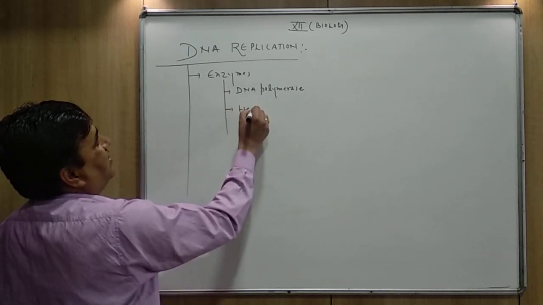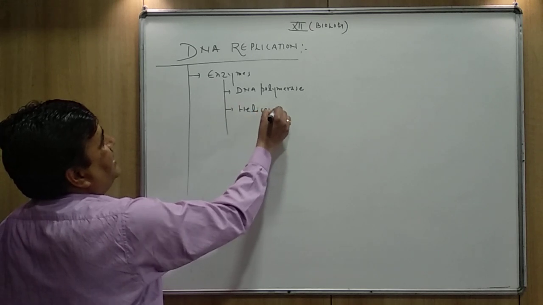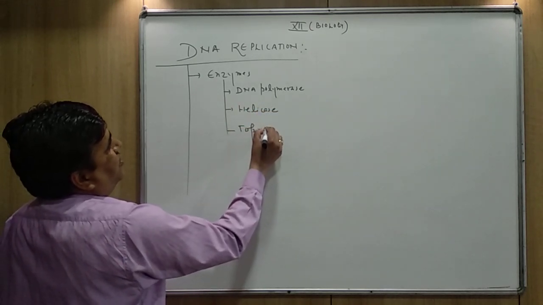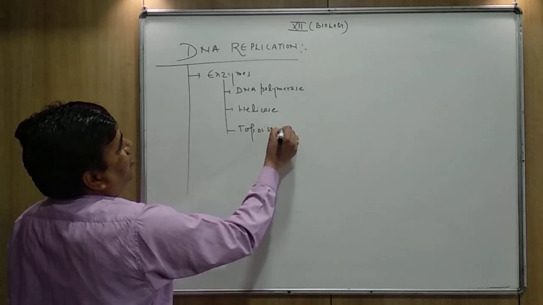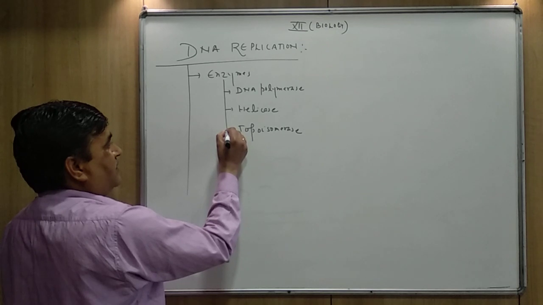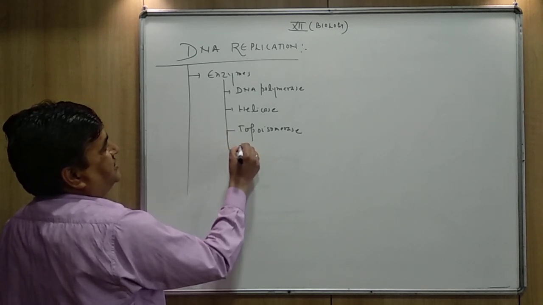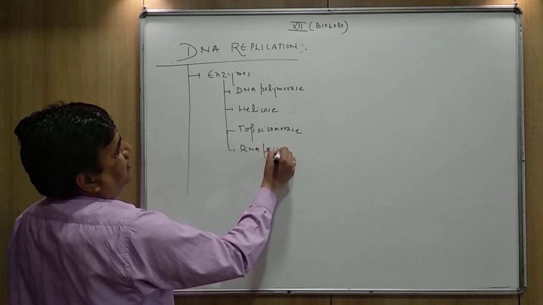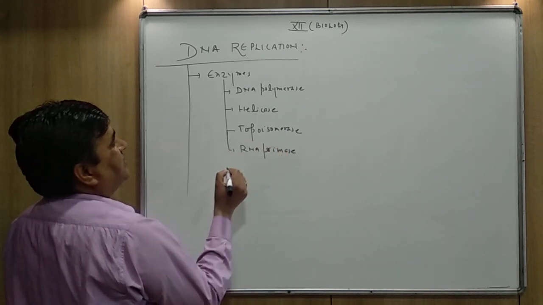Second, helicase, then topoisomerase enzyme. The next one is RNA primase.